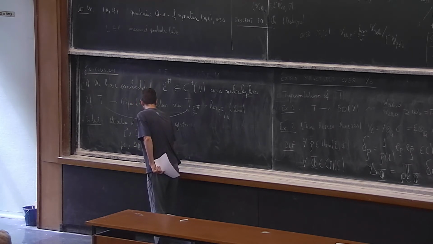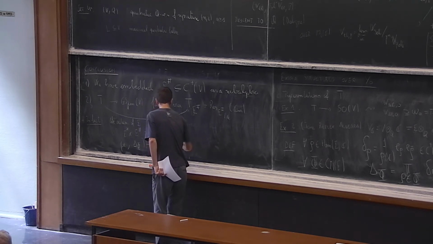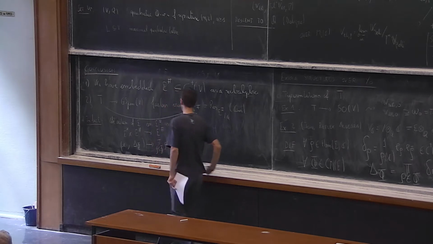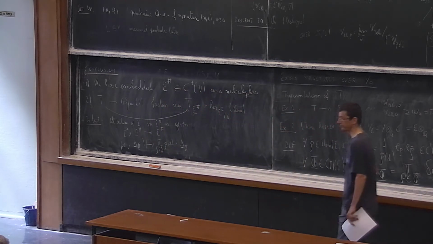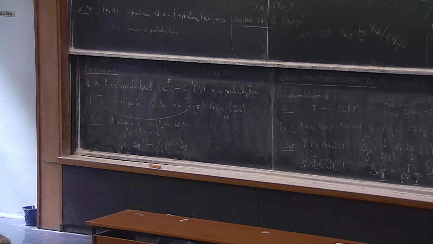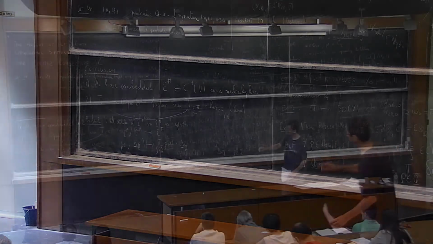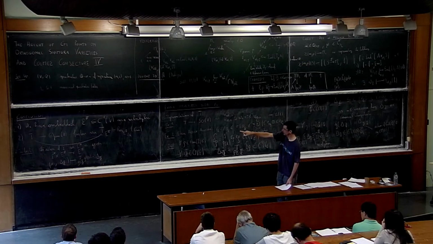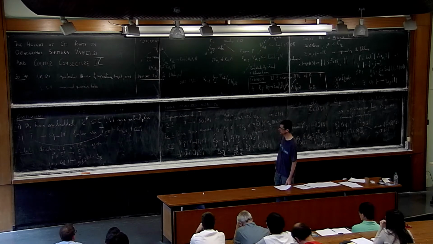It's simply the product over all rho in phi of rho of x times delta phi. So you can prove that this map induces a map from that torus to the torus T sharp.